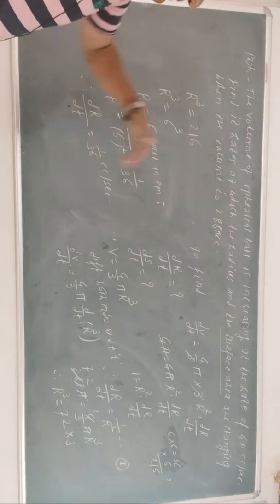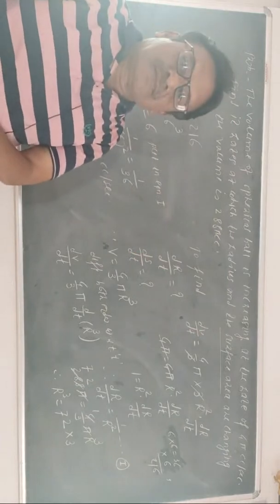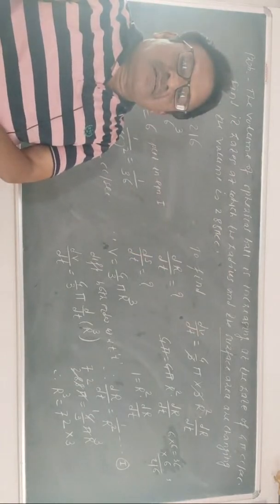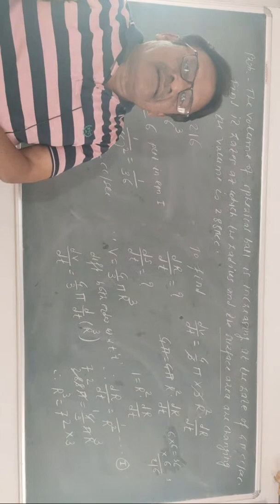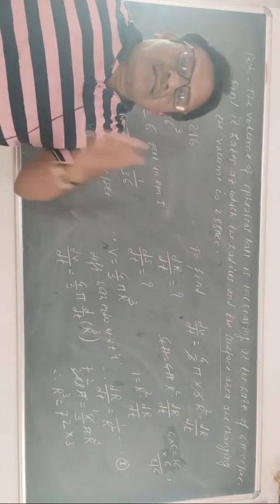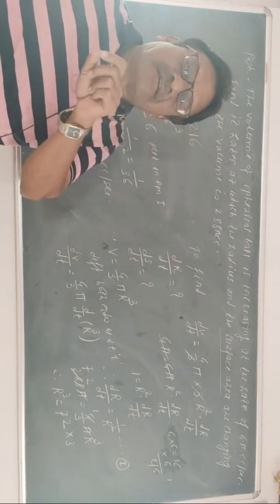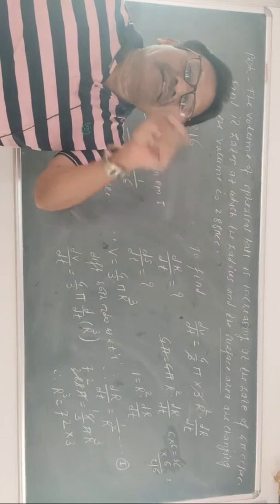Next we find the rate at which the surface area changes. We already assume that capital S is the surface area of the spherical ball. Then we find ds by dt.